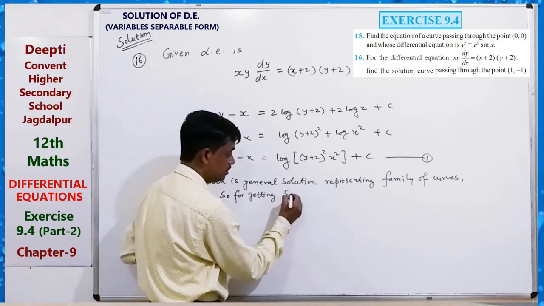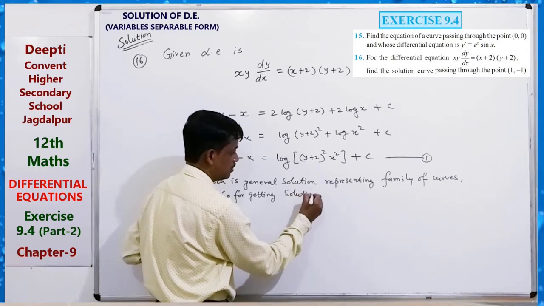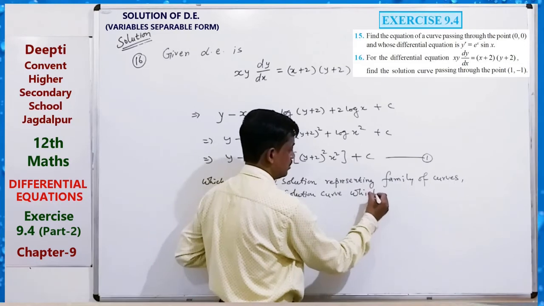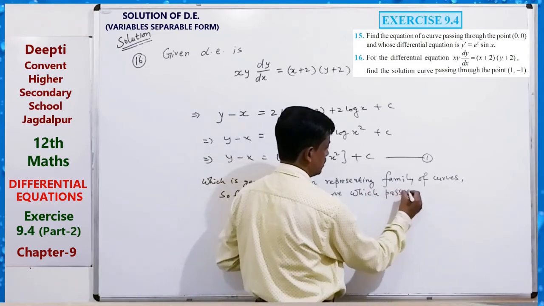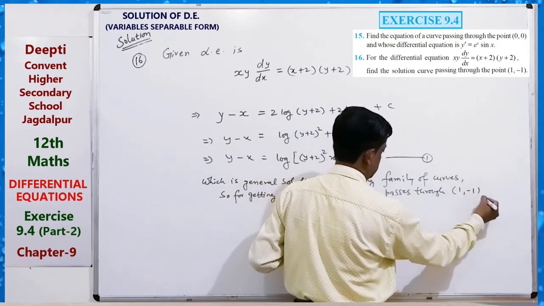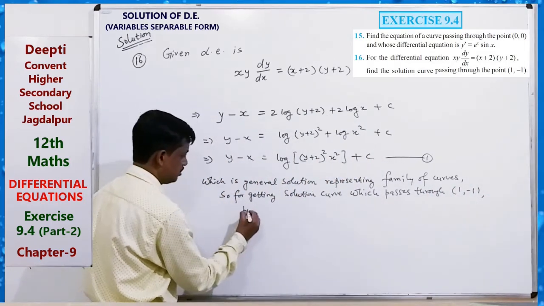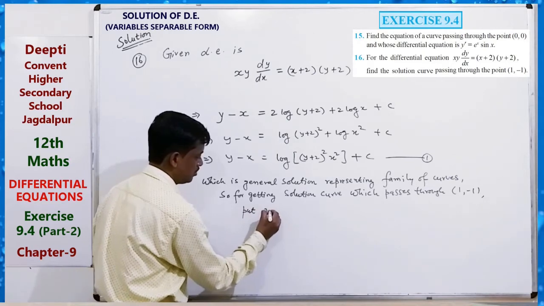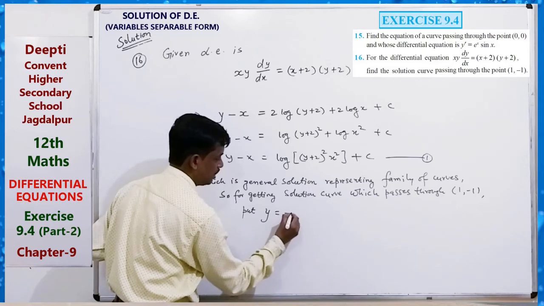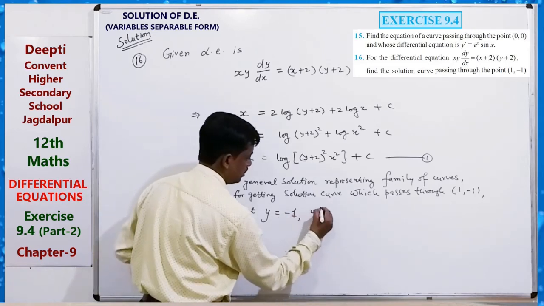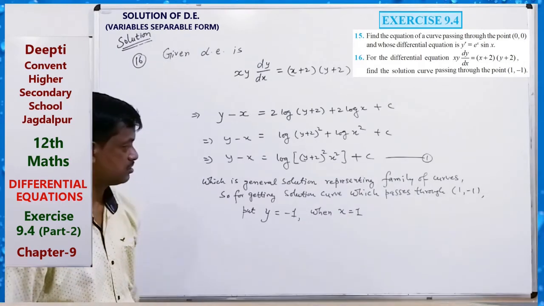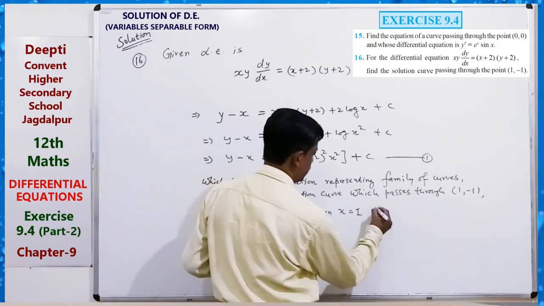So for getting the solution curve which passes through (1, -1), put y equals -1 when x equals 1. Here x equals 1, y equals -1 in equation 1.